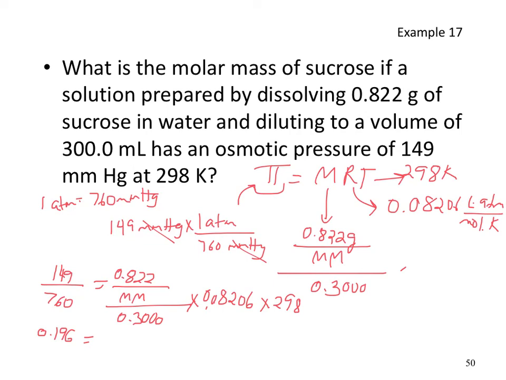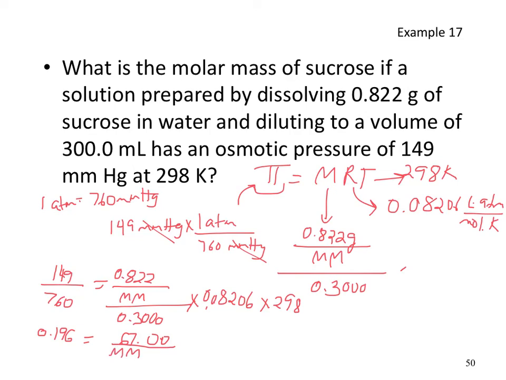And this part should come out to be 0.08206 times 298 times 0.822 divided by 0.3, divided by the molar mass. Whoops, molar mass.